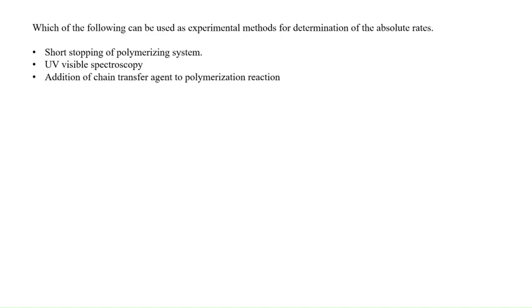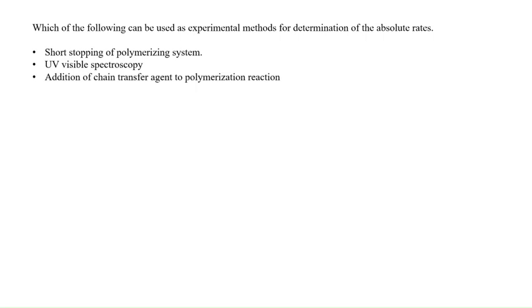How does that work? The high extinction coefficient of the aromatic carbocation propagating species can be identified with the help of UV visible spectroscopy, and UV absorbance of the system as a function of time allows us to determine the initiation rate and the propagating species rate, which is Kp. So that can be easily achieved.